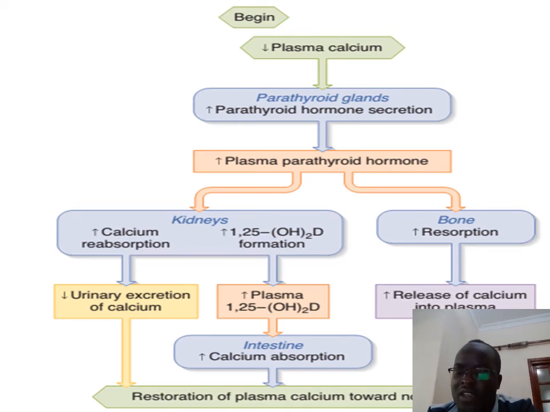You are increasing mobilization of calcium and phosphorus from the bone. You have an increase in the release of calcium into the plasma, then that will result in restoration of plasma calcium towards the normal range.